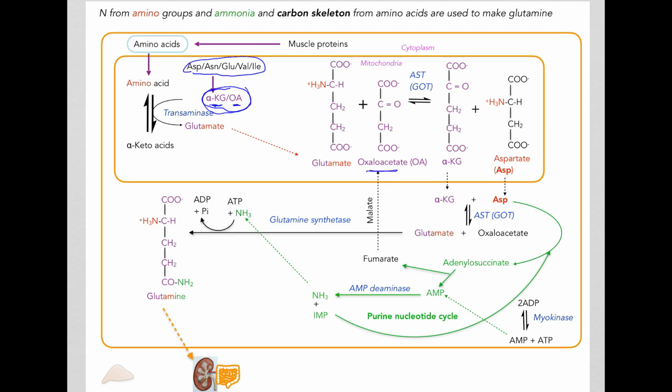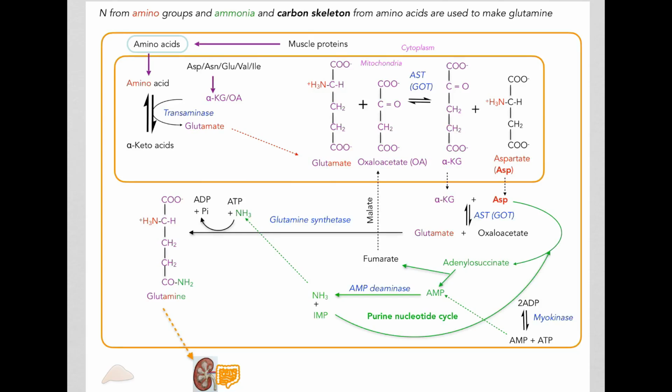So the oxaloacetate and the alpha-ketoglutarate actually come from the amino acids. So this is where the carbon skeletons come from. Alpha-ketoglutarate, which is part of glutamate, will give you the carbon skeleton for glutamine.